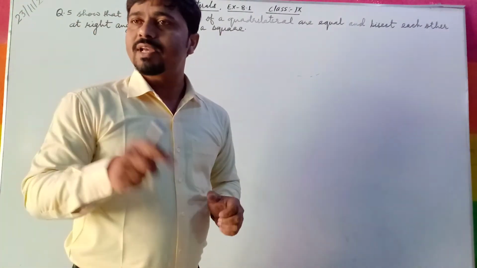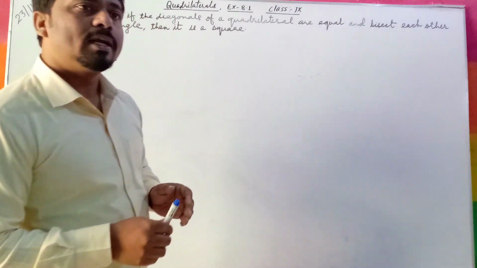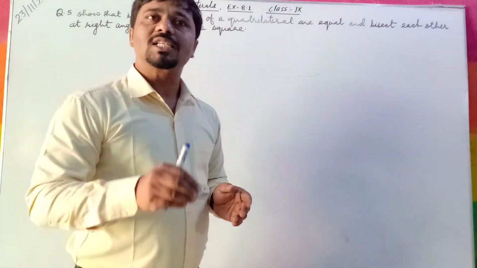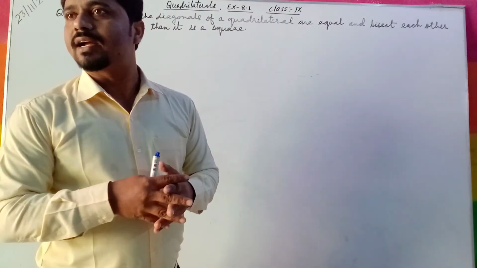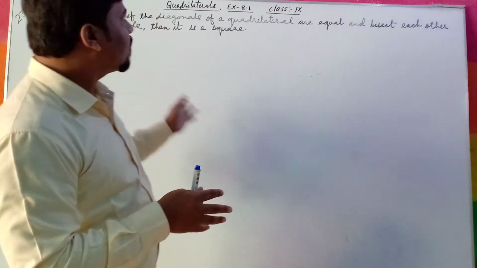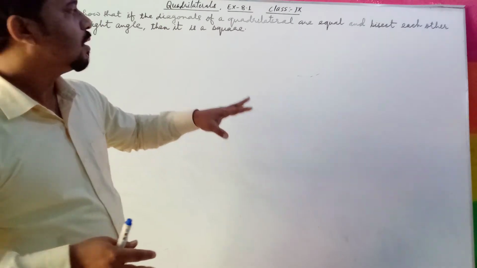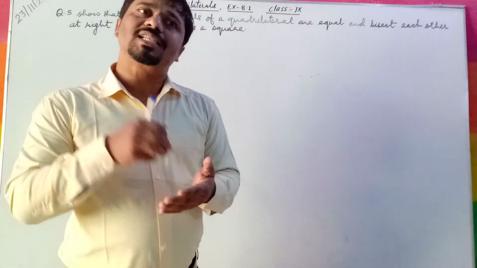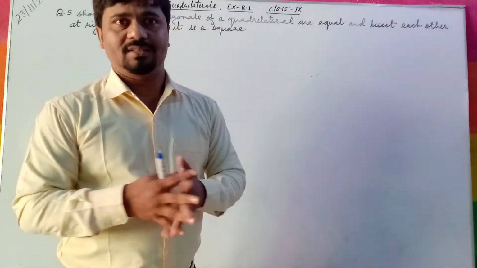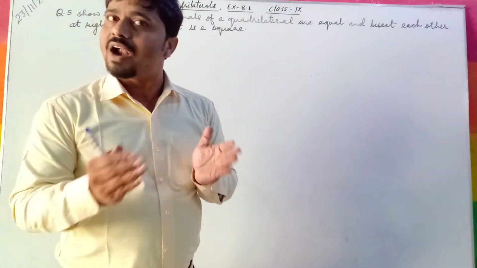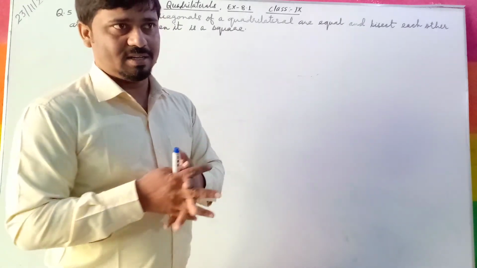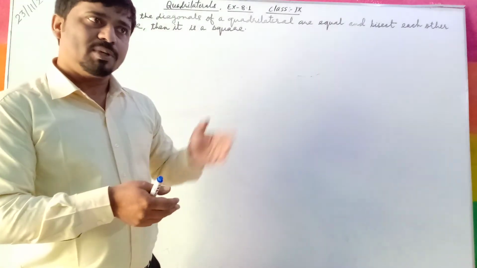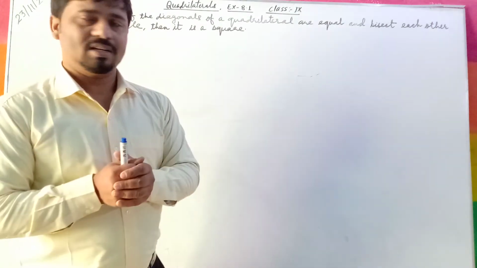In the previous question we proved that in a square the diagonals are equal and bisect each other at right angles. But in this quadrilateral, that is given. It means this is the evidence for this quadrilateral. By using this evidence, we will prove the quadrilateral is a square.